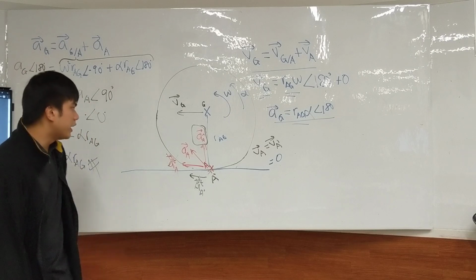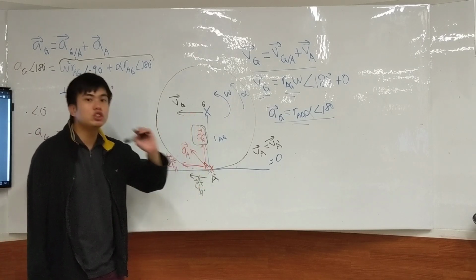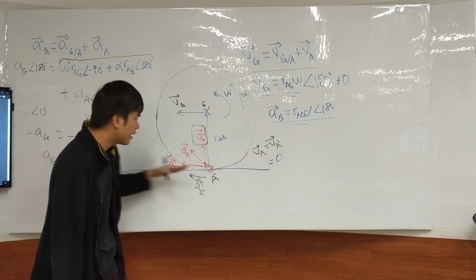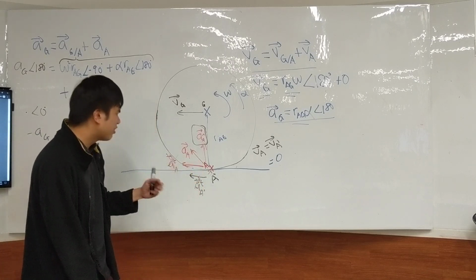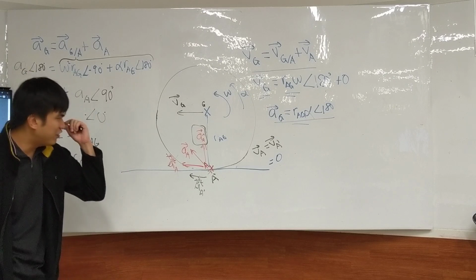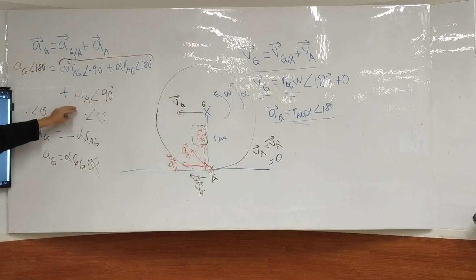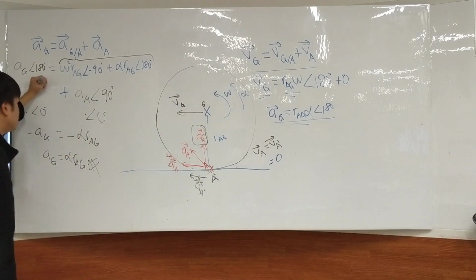And since we know that the direction of the acceleration of A must be pointing upwards, due to it having a 0 acceleration component along the rolling without slipping plane, as AA prime has 0 acceleration along the rolling without slipping plane, we can definitely say that the acceleration of A is pointing upwards, which is 90 degrees. And we also know that preconditionally, the acceleration of G must be pointing horizontal, so it's 180 degrees.